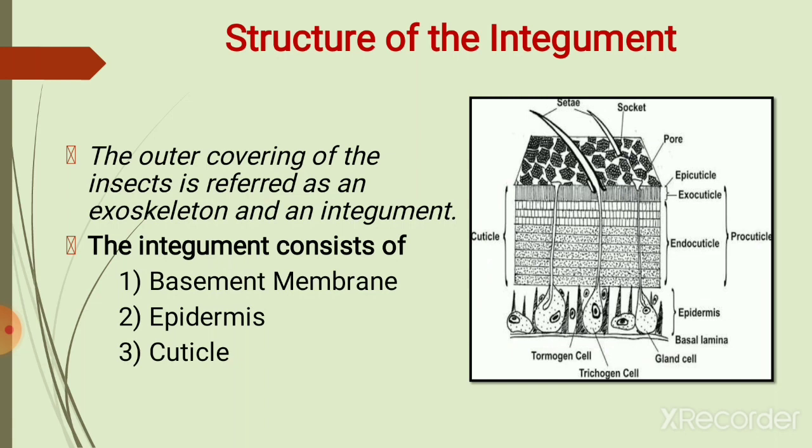The epidermis layer is the only layer which is cellular. The other two layers, that is cuticle and basement membrane, are acellular structures. Means the epidermis is cellular and basement membrane and cuticle are acellular. The epidermis secretes the cuticle.